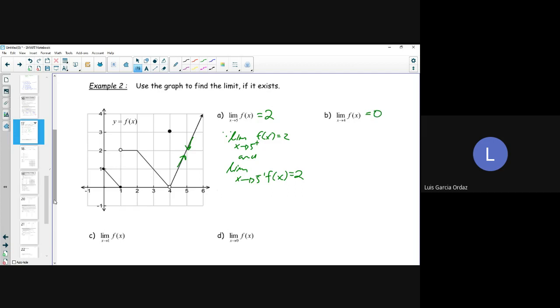However, the point that's actually included of f at 4 is equal to 3, okay? So if you approach it from the left and from the right, does the limit exist for this specific x value? Remember, L has to be the same number for both of them. So the limit does not exist for this one.